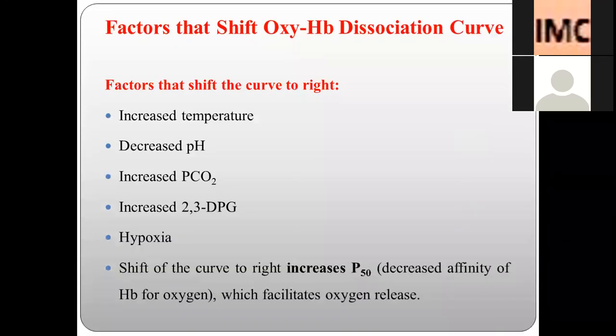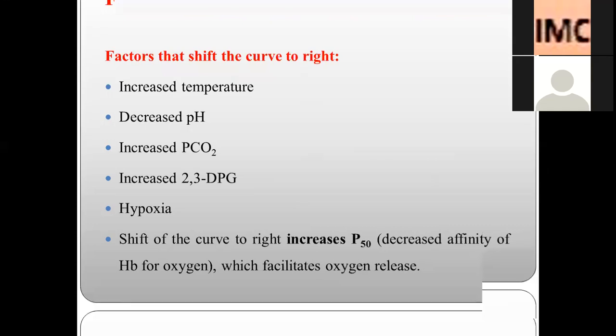So in summary, what are the factors that shift the oxygen hemoglobin dissociation curve to the right? Increased temperature, decreased pH, increased PCO2, increased 2,3-DPG, hypoxia. All these factors facilitate the release of oxygen. So a shift of the curve to the right releases oxygen.